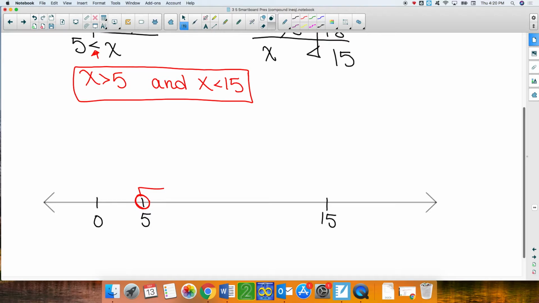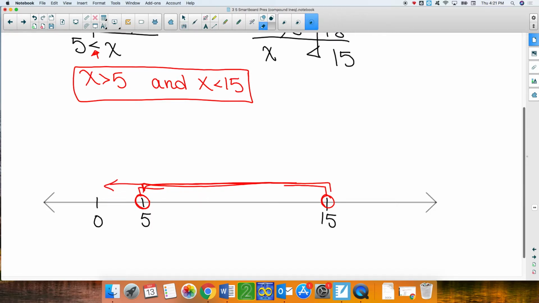Then I need to put a circle at 15. That's an open circle because it's just less than. I'm talking about less than 15. What you'll notice is these are being shaded towards each other, so I'm just going to connect them to look like this. Notice I am not drawing arrows showing that it's continuing to go, because it is not.